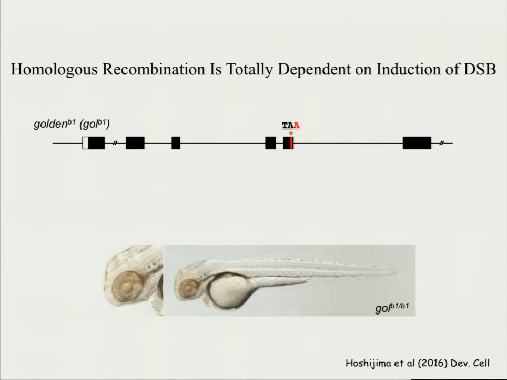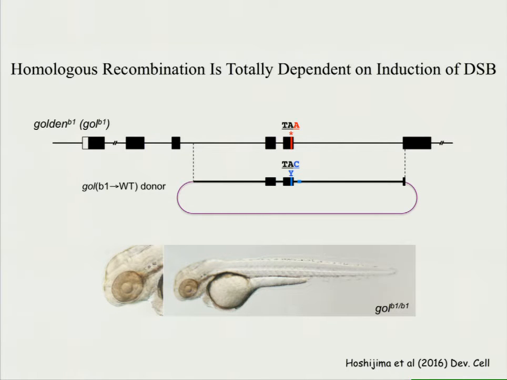this golden B1 mutation exhibits the pigmentless phenotype because of the premature stop codon marked in red. So we could repair this mutation by homologous recombination with the wild-type donor. However, it only occurs in the presence of a double-strand break nearby.